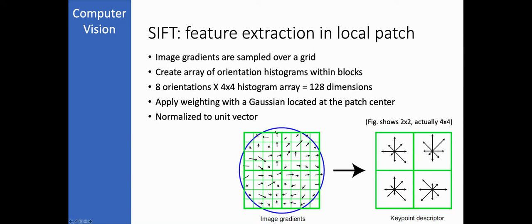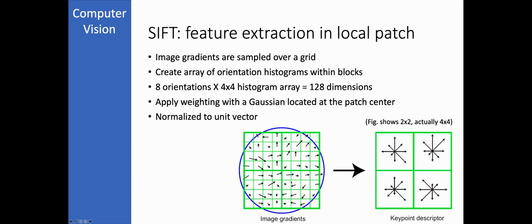So really, I look at this patch here, right? It has multiple gradient values. I compute the number of gradients looking at north, the number of gradients looking at south, and so on. And I create these histograms per block. So I have 4x4 blocks, that's 16 blocks, and in each of these blocks, I create a histogram of 8 bins, meaning for the entire patch, I create a representation that's 128 dimensions.